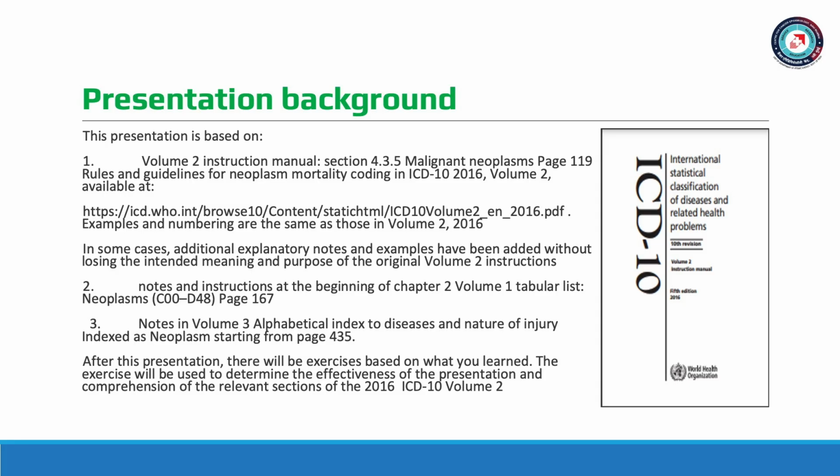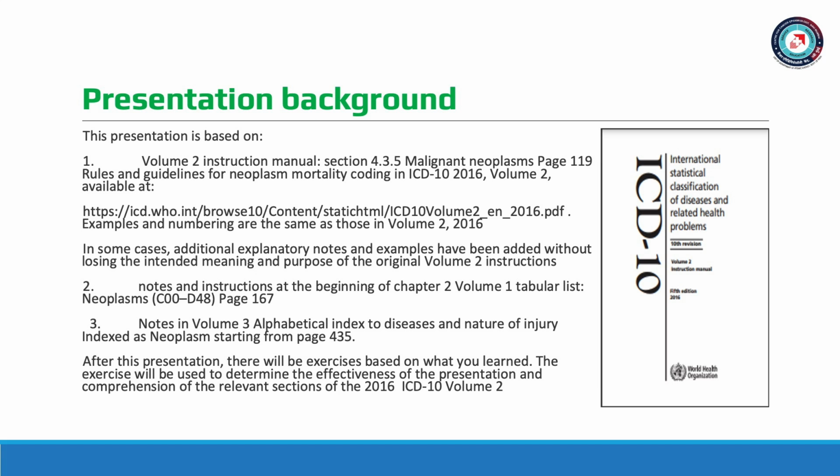This presentation is based on guidelines and rules for neoplasm mortality coding in ICD-10 2016 Volume 2. Additional explanatory notes and examples have been included without altering the original instructions from Volume 2, 2016.